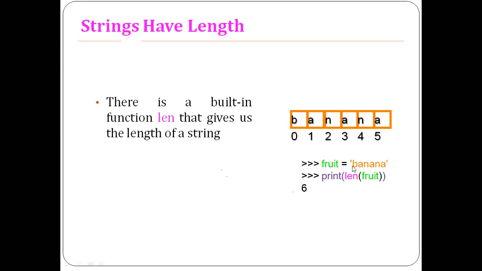So fruit is equal to banana, how many characters do we have? 6, and those 6 characters will be printed on the terminal, that is len(fruit). Length is a function which retrieves the number of characters present in the string. Here it is 6, that's why it will give a value of 6.